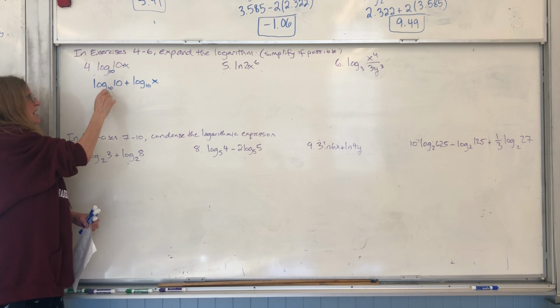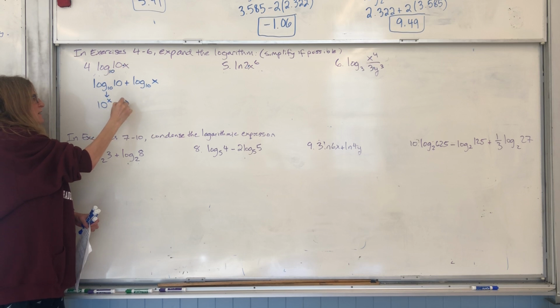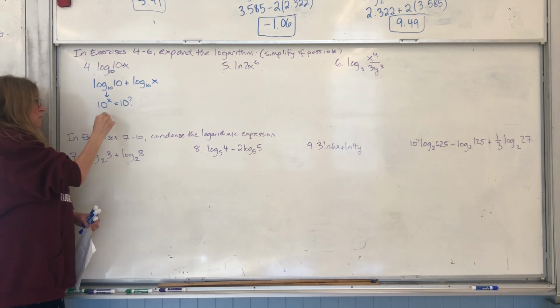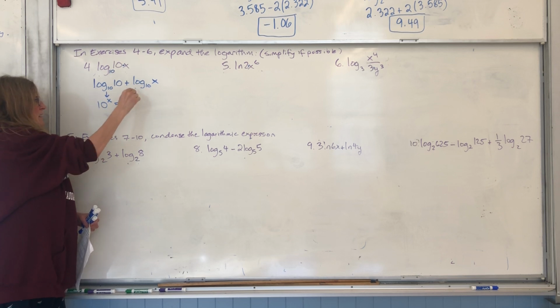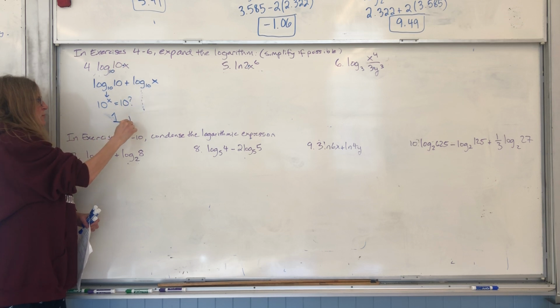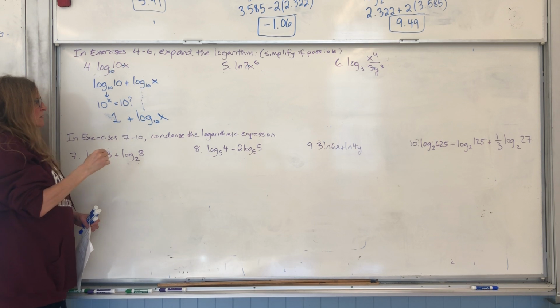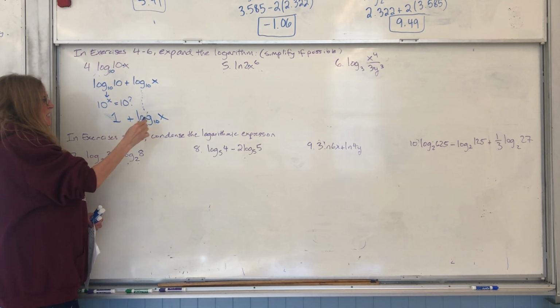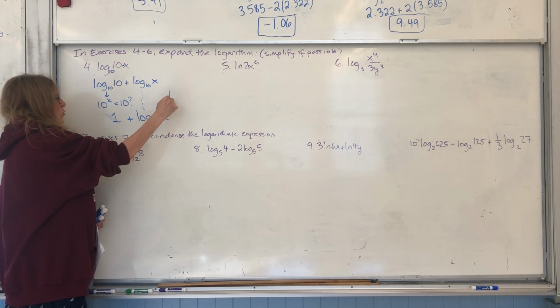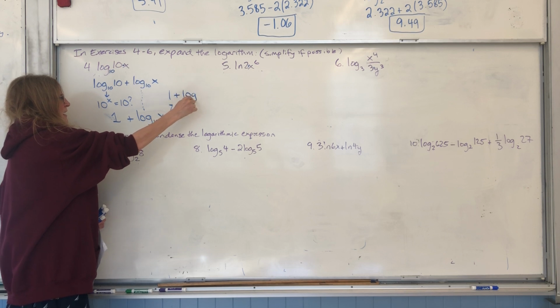This is saying 10 to what power equals 10? Well, here it's 1, right guys? So I can say it's 1, and then I can bring this down and say plus log base 10 of x, and I don't even really need the 10. I can just say it's 1 plus log x.